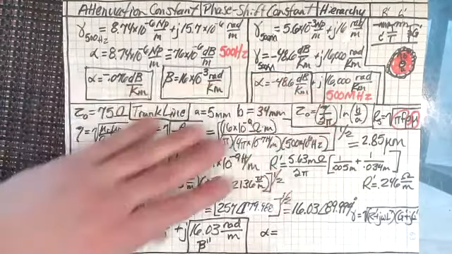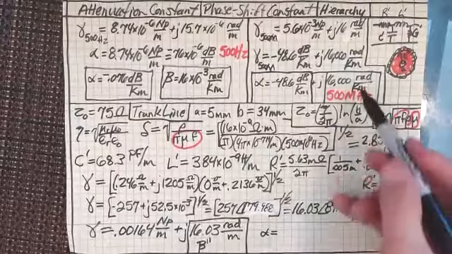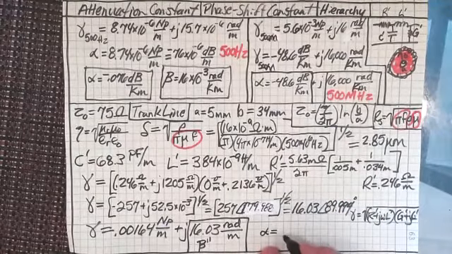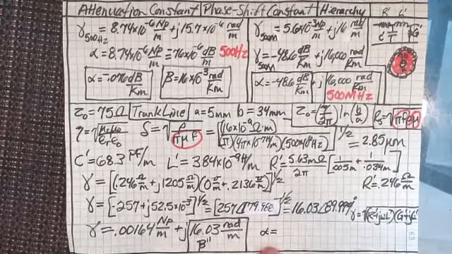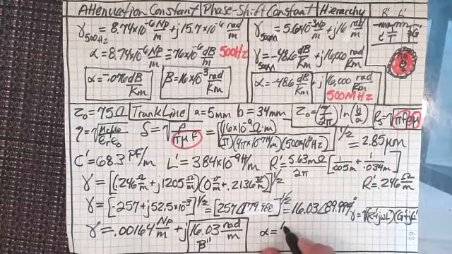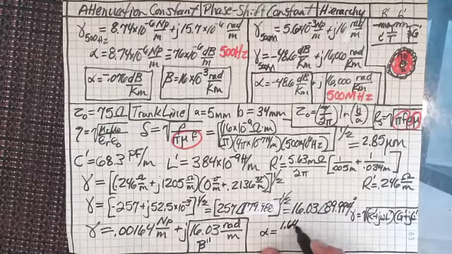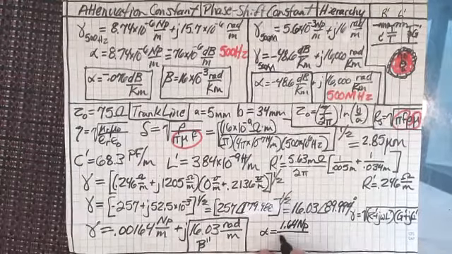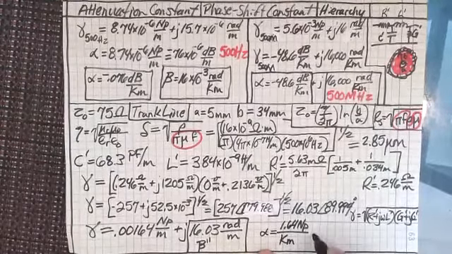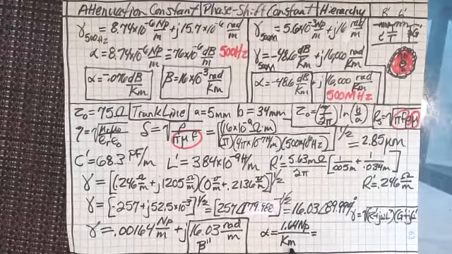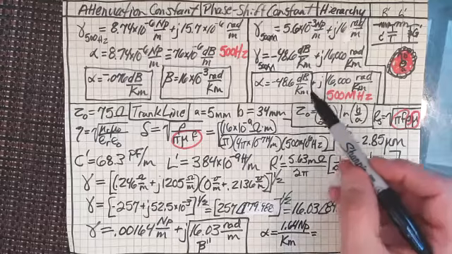Everybody knows that's beta. We're not going to change it. Get radians for 16,000. If you want to do that per kilometer, that's fine. But if we looked at it per kilometer, it would be 1.64 nepers per kilometer, right? 1.64 nepers per kilometer.